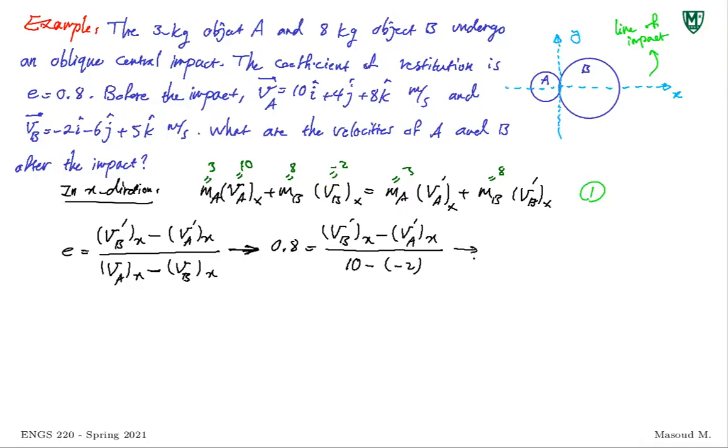So from this one we get VB'X minus VA'X is equal to 12 times 0.8. I got 9.6, so 9.6 meters per second. This is the second equation.